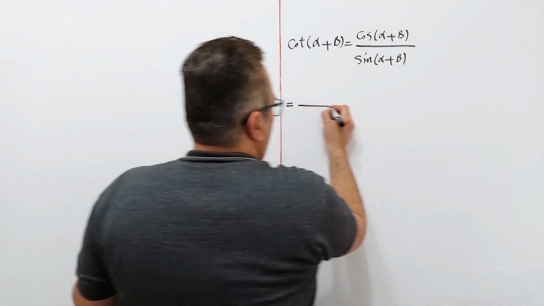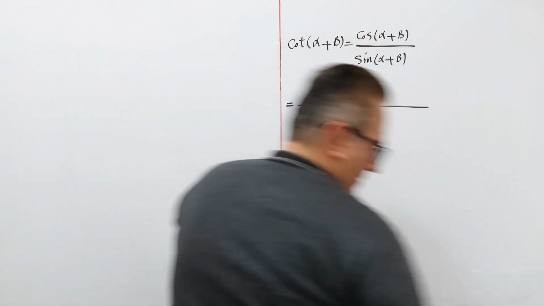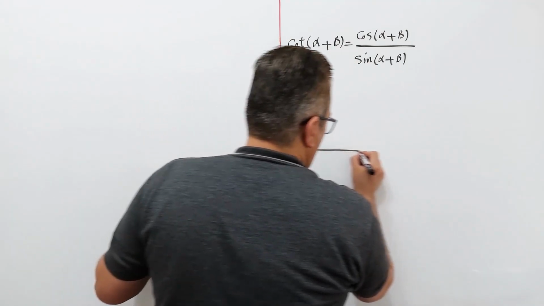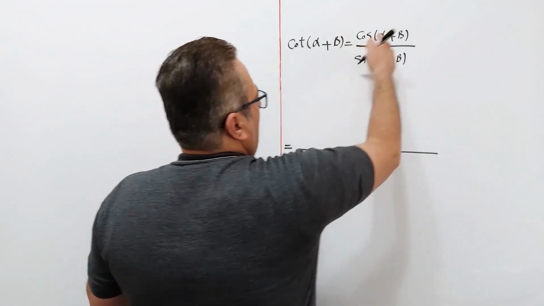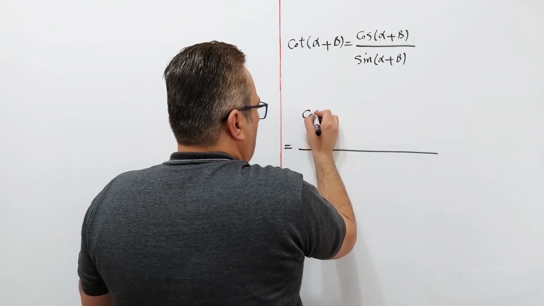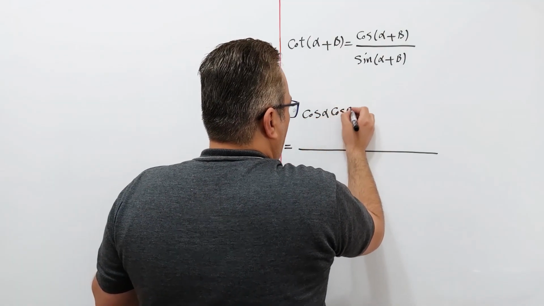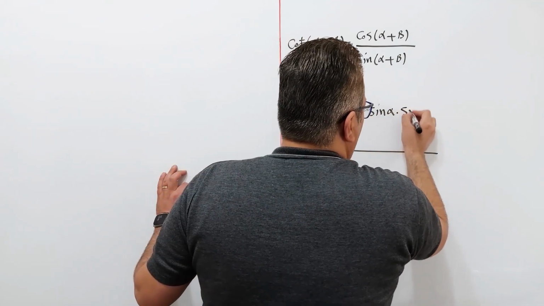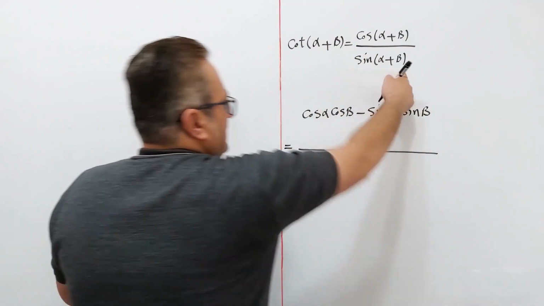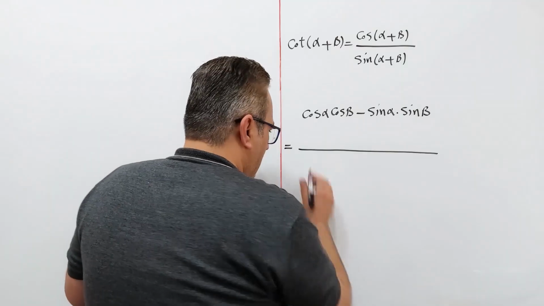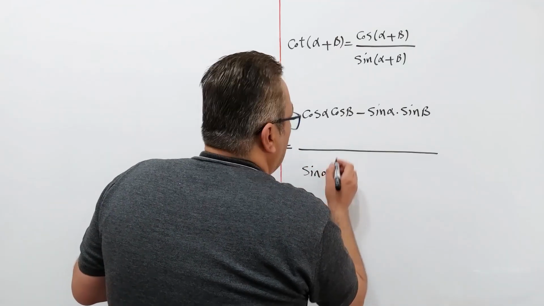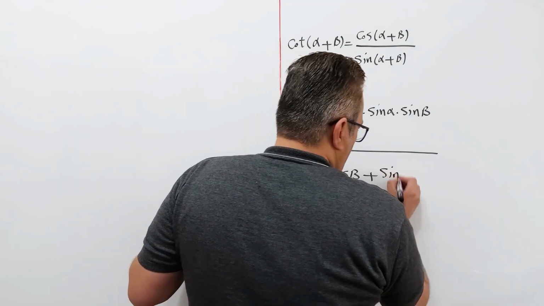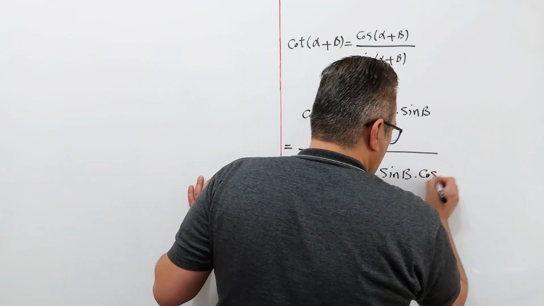So we have cosine of alpha plus beta is equal to cosine of alpha cosine beta minus sine alpha times sine beta, divided by sine alpha plus beta, which is equal to sine alpha times cosine beta plus sine beta times cosine alpha.